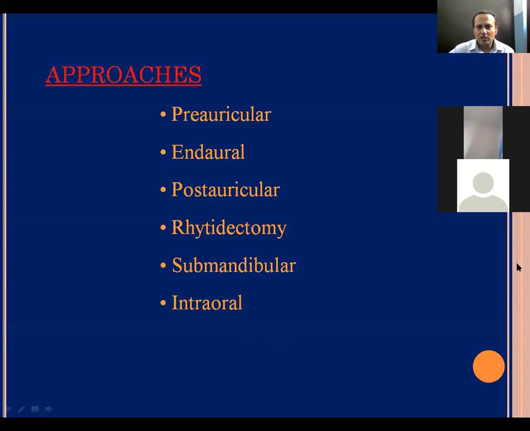These are the approaches used in gaining access to the temporomandibular joint for removal of the ankylotic mass. It is very simple: preauricular, endaural, postauricular, rhytidectomy, which is behind the mandible, submandibular, below the mandible, and intraoral approach.